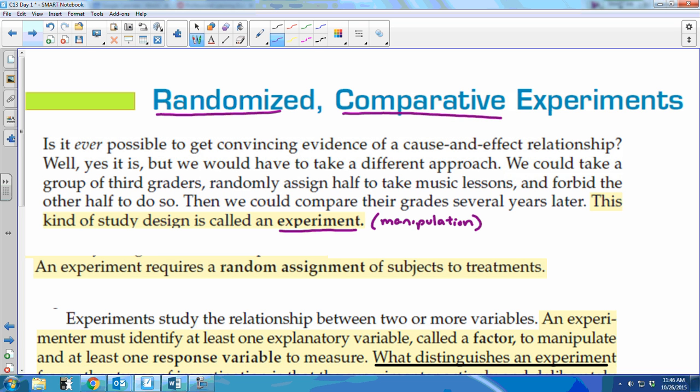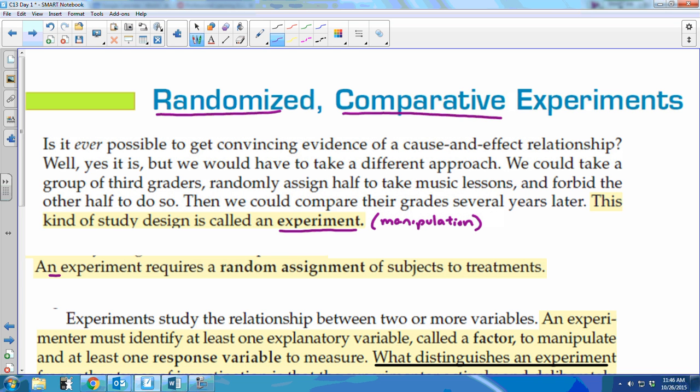Like you're going to tell these people to take this supplement and these people take this supplement. Or you're going to tell these people to exercise by doing this for 2 weeks and then exercise by doing this for 2 weeks. All right? So you're somehow manipulating the situation. You're manipulating it so that somehow you can compare two things, probably.